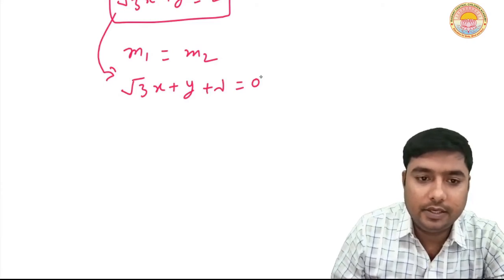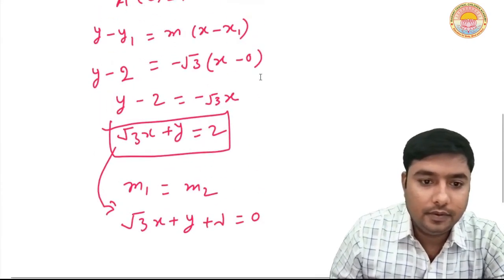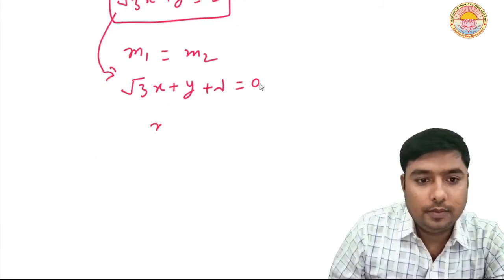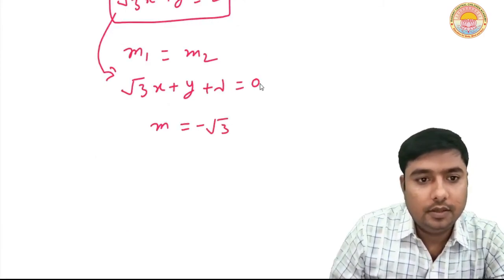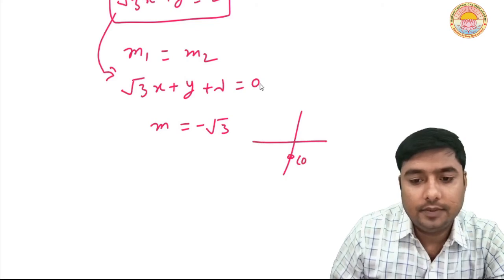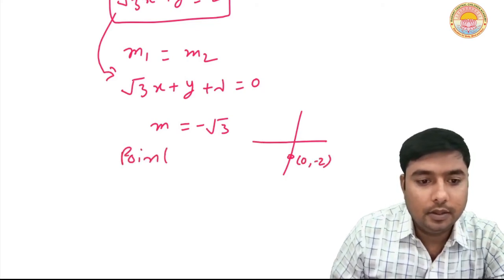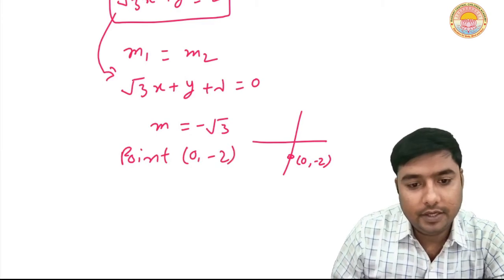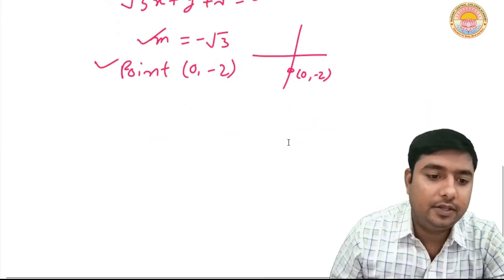The point is given, -2. We want to find the value. The slope is m equals minus root 3 because the slope is the same, and the point is on the negative side, 0 comma -2. Now the slope is minus root 3 and the point is 0 comma -2.